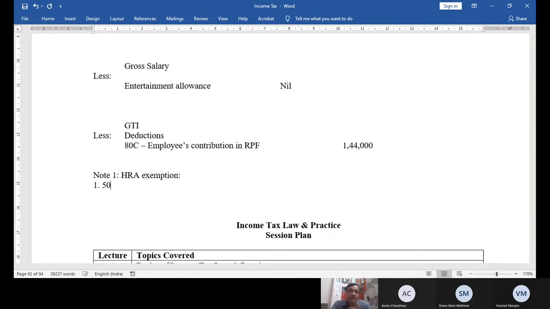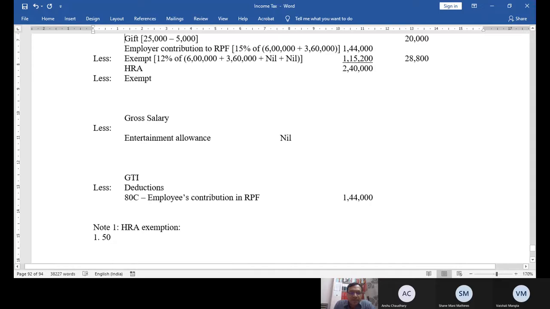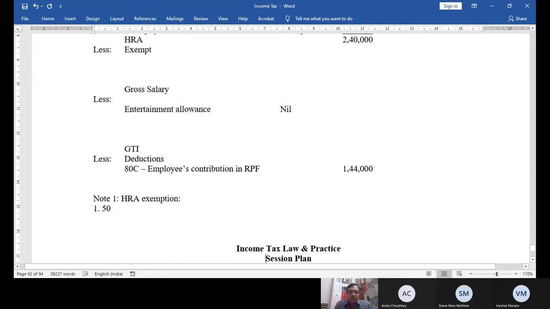Salary is what? Basic plus DA forming part plus commission based on fixed percentage of turnover achieved by the employee. Since DA forming part and commission are not given, whatever is basic is the final salary. That basic is 6 lakh plus 3,60,000, which is 9,60,000, and 50% of it is 4,80,000.